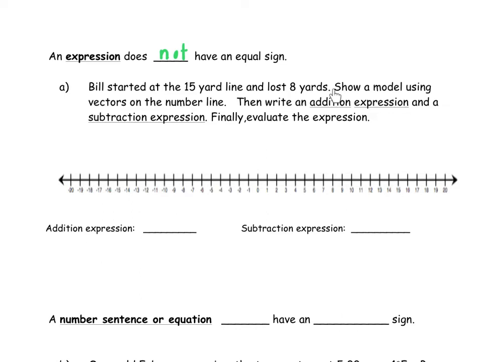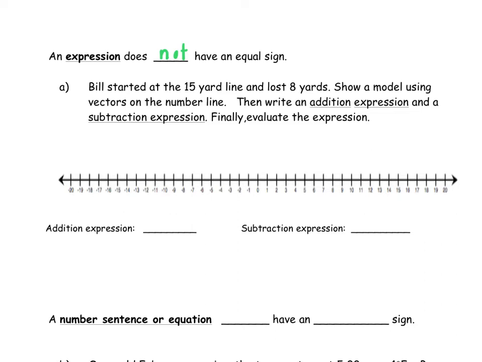After we get done reading that and figuring out what it means, they want us to show a model using vectors on the number line, and then we're to write an addition expression, meaning that I have to use addition, and a subtraction expression, meaning that I have to use subtraction. Finally, they want me to evaluate the expression, which means I need to find the value of that expression.